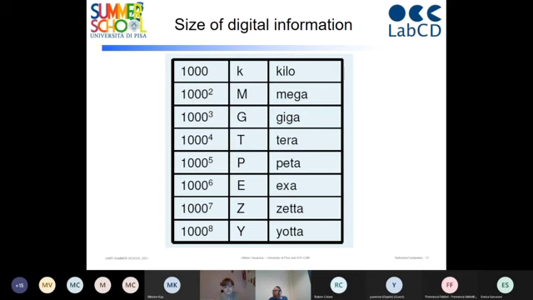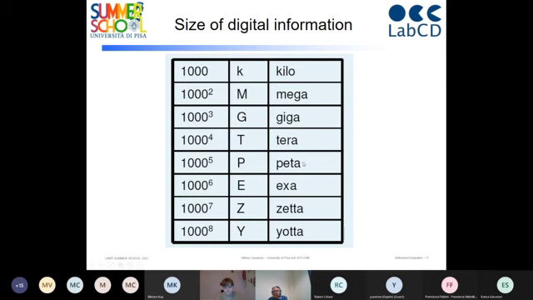Today you can buy one of 1 terabyte for 50, 60 euros, a little bit bigger one of 2 terabytes for about 100 euros. And in real life applications, we already are talking about petabytes, which means thousands of terabytes.